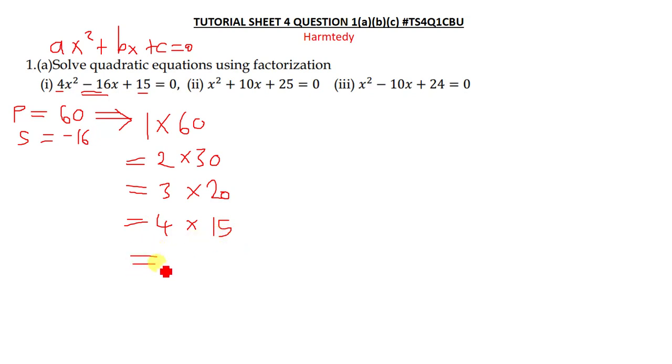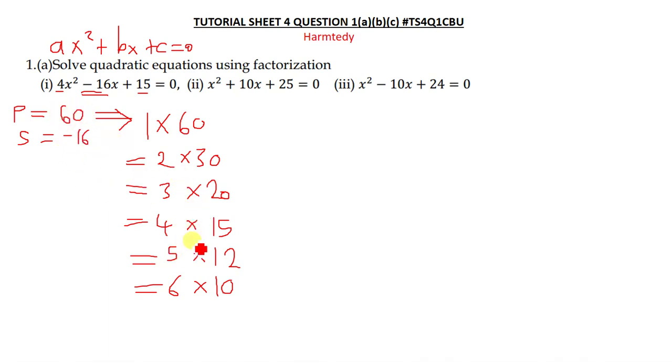And 5 can go into 60 how many times? 12 times. And even 6 can go into 60 how many times? 10 times.